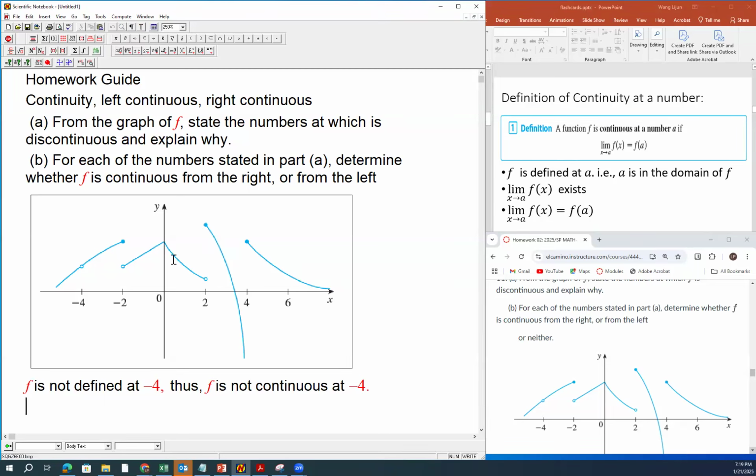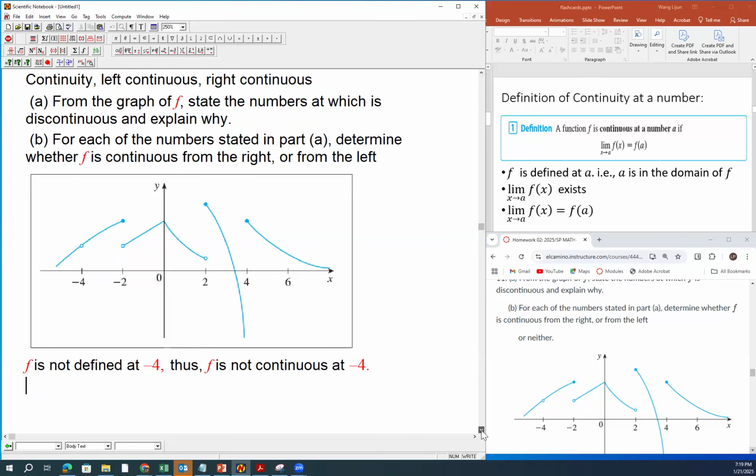Let's look at the second point, -2. We can obviously see that at -2 the function is defined. If you quote the first reason, that f is not defined, that's contrary to what we see, so certainly that's not powerful.